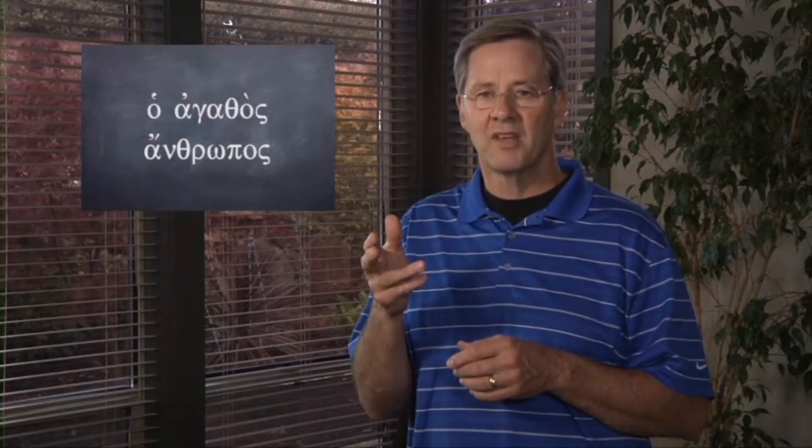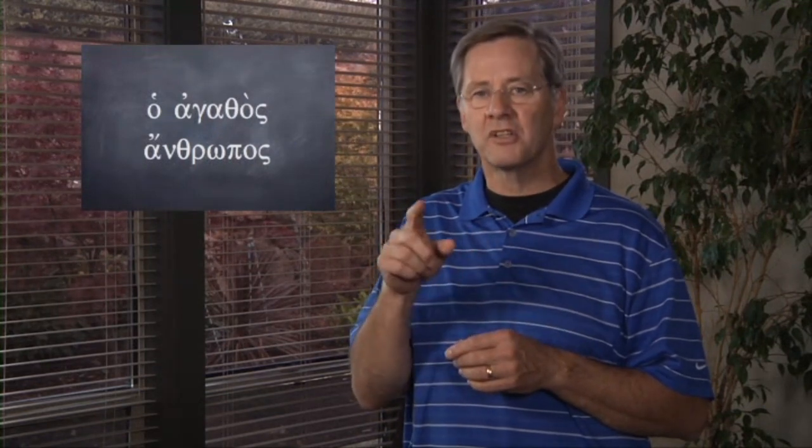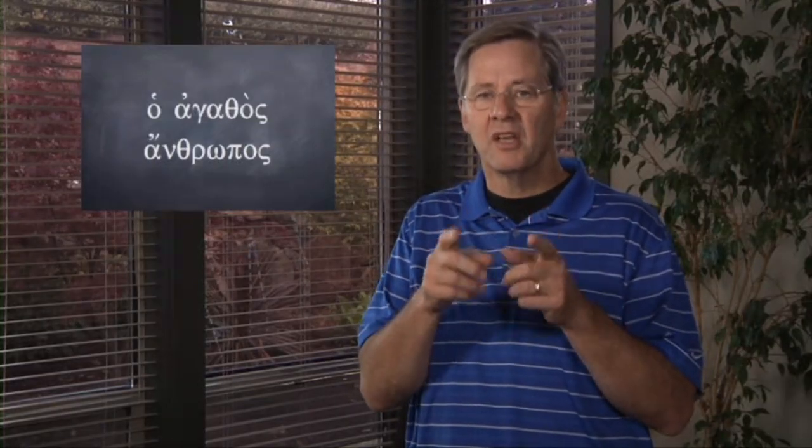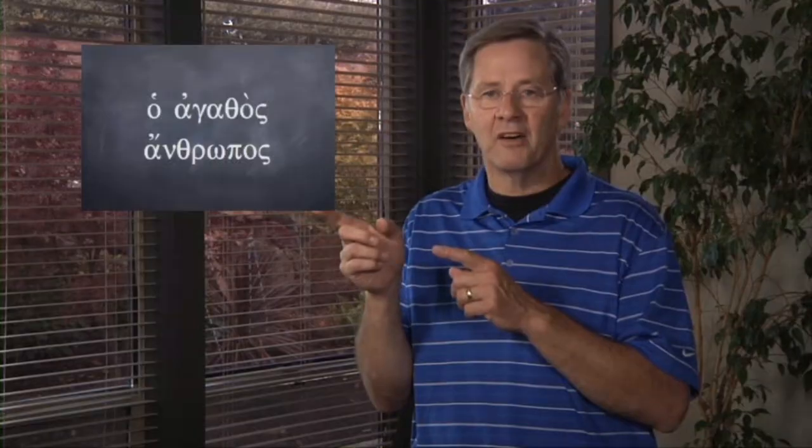One option could be that the article is indicating that the following adjective is an attributive. So, for example, if you saw ho agathos anthropos, you would translate it 'the good man.' The article right in front of agathos is telling you that agathos is in the attributive position and it's modifying the noun.